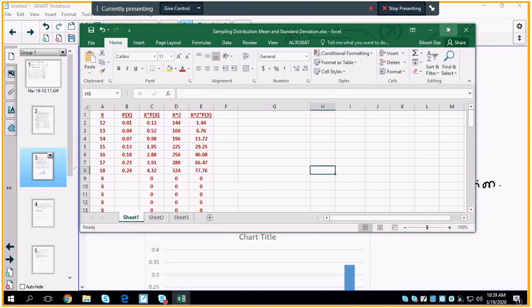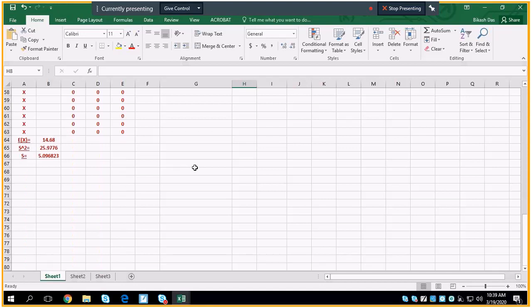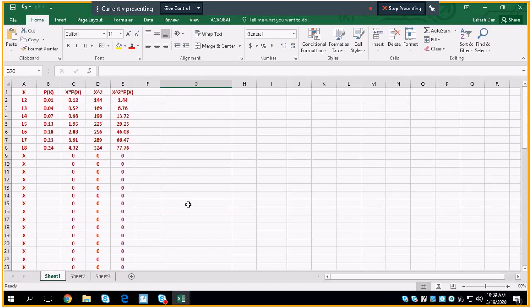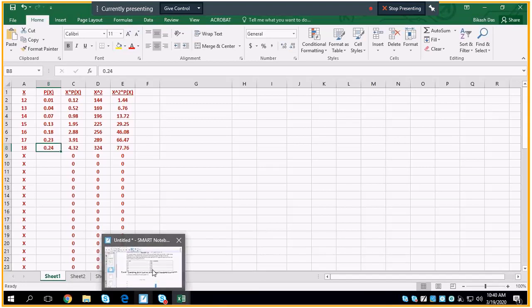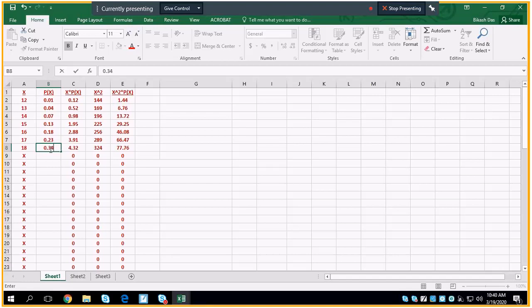If I maximize and scroll down, it's going to show me everything. See, I used EX, that's the expectation or the mean. Then I have S squared and the S values. The only other thing is to make sure I have done this right. I think I did this probability wrong. That should be 0.34. Let me check it. Yes, 0.23 and then 0.34.